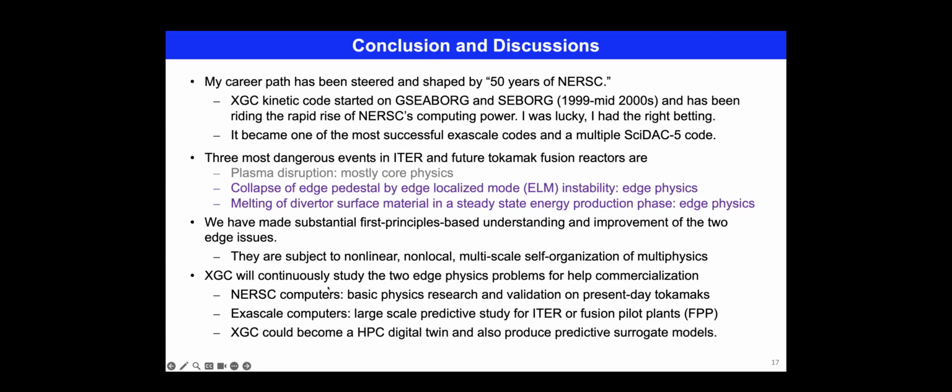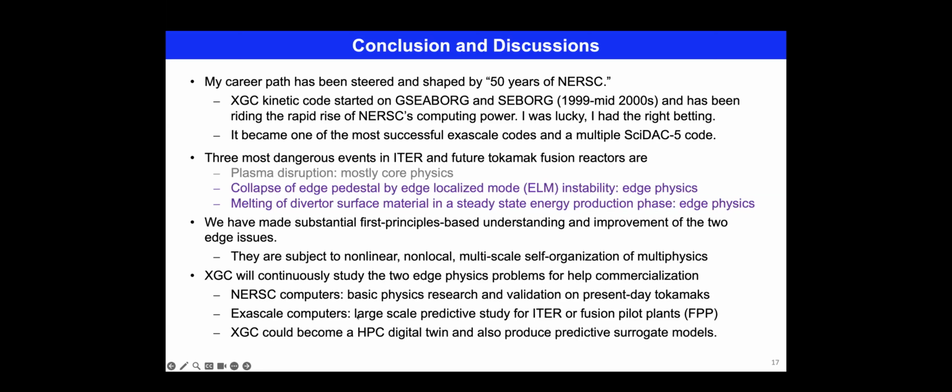XGC will continuously study the 2 edge physics problems to help commercialization of a fusion reactor. And on NERSC computers, we'll keep on doing basic physics research and validation on present-day tokamaks. With Perlmutter and future machines, the size will be big enough that we can study a lot of physics.